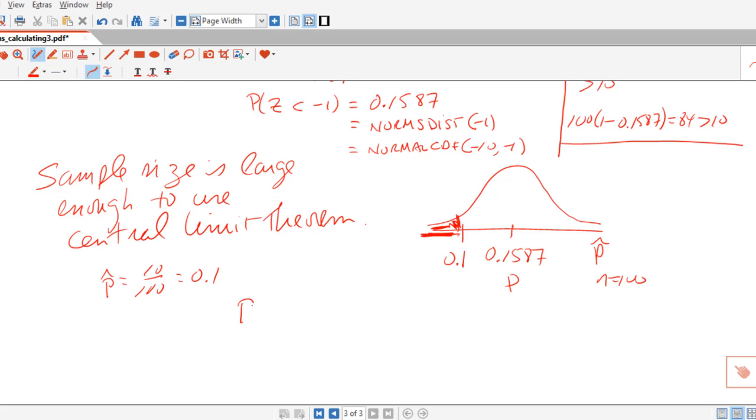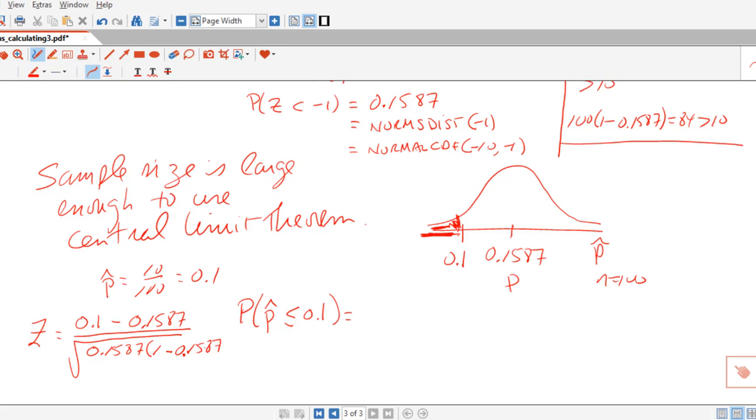So here we go. What am I after? I'm after p-hat being less than or equal to 10%. And to do this calculation, I'm going to change that to a z-score. And let's see what I get.